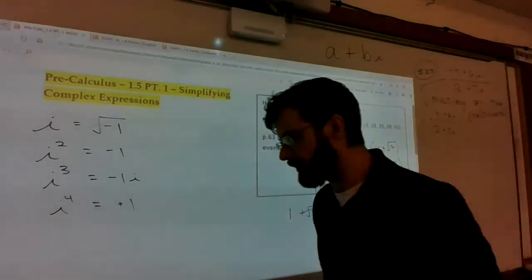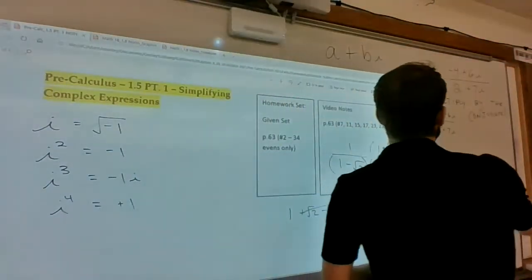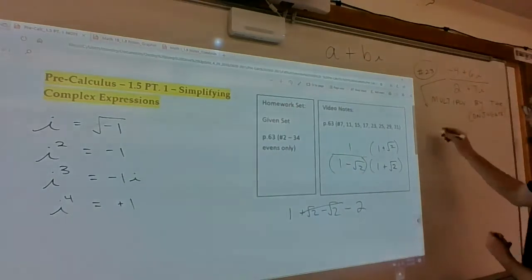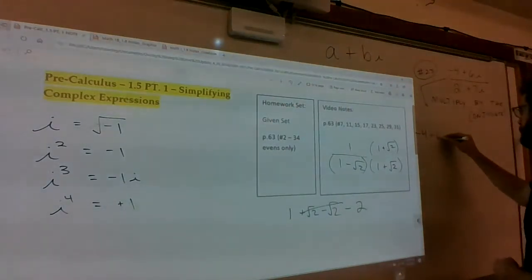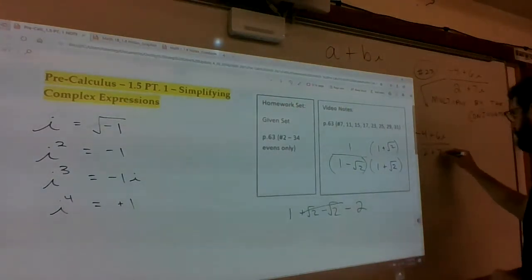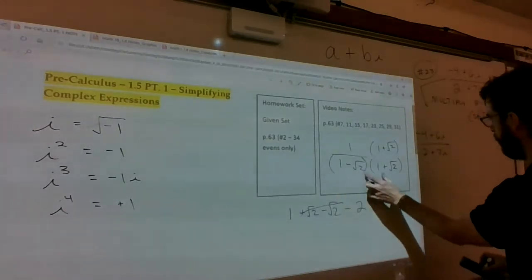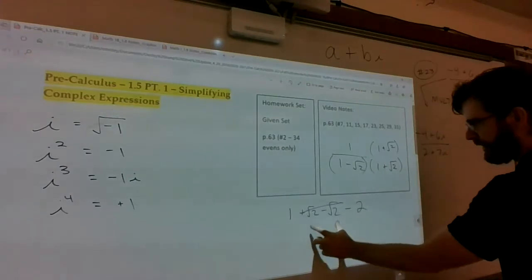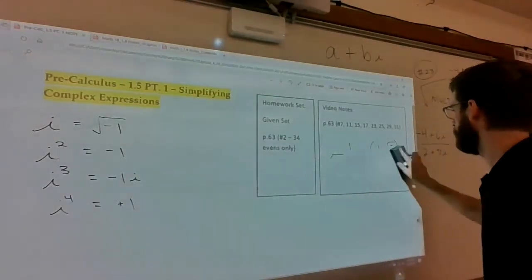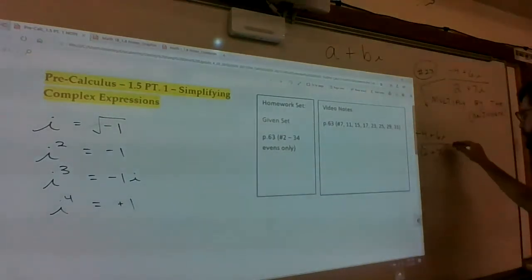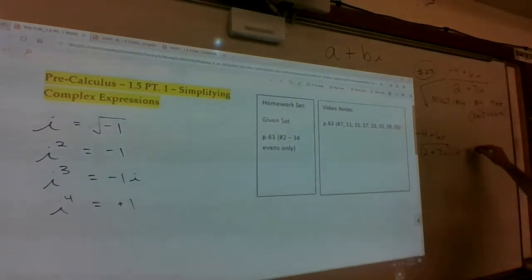All right, so I've eliminated the workspace there, so let me re-establish my territory. Okay, so the conjugate: we're mostly concerned with the bottom part of the fraction, making it have no i's in it. So you multiply by 2 minus 7i.